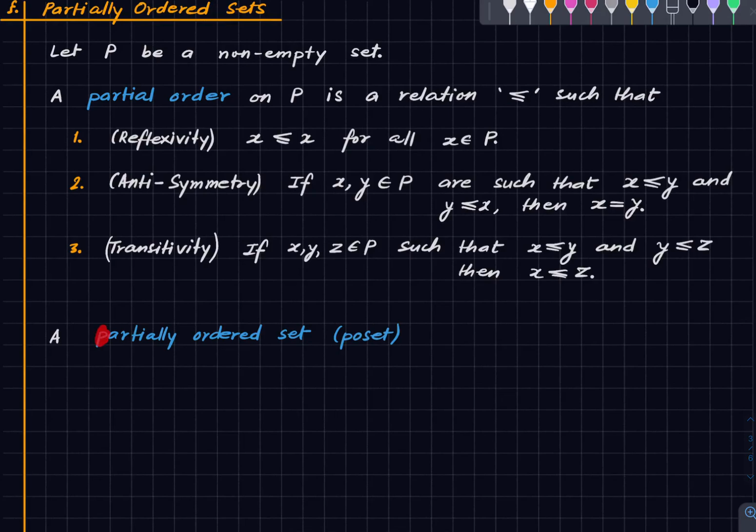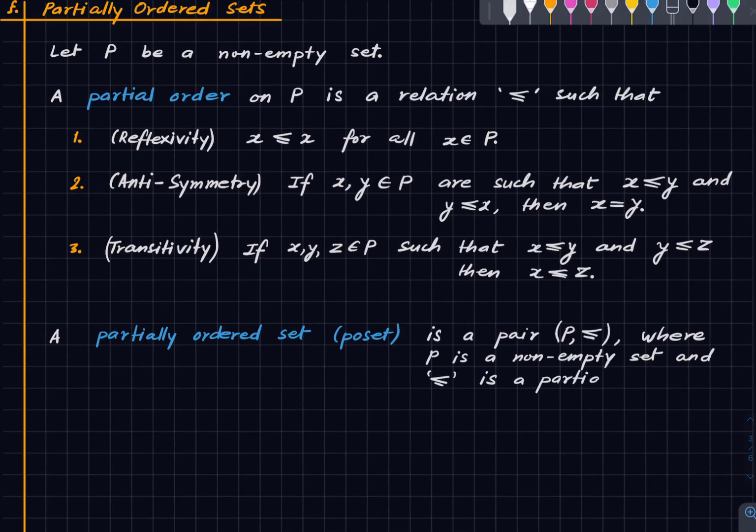A poset is a pair (P, ≤) where P is a non-empty set and ≤ is a partial order on P. All right, so this is a very abstract definition.